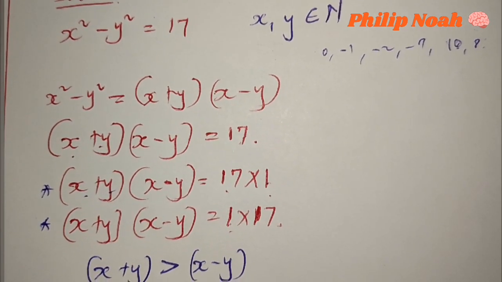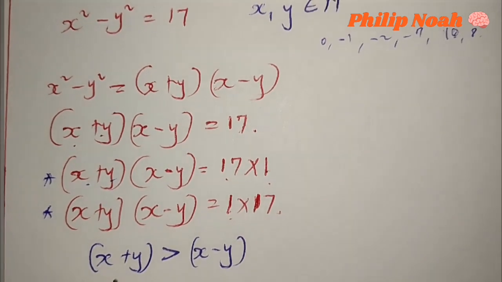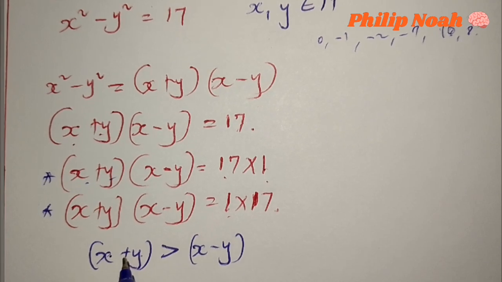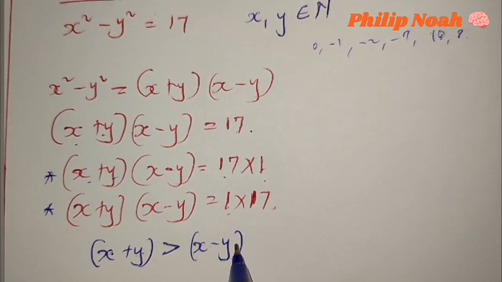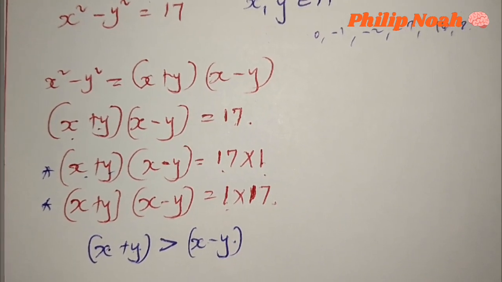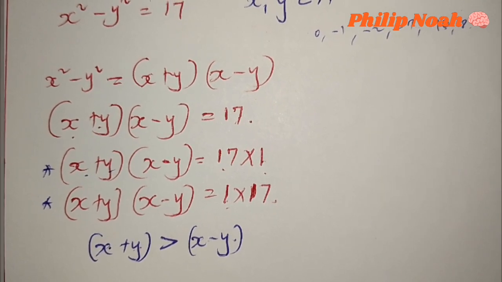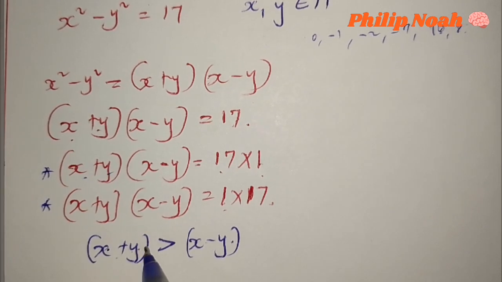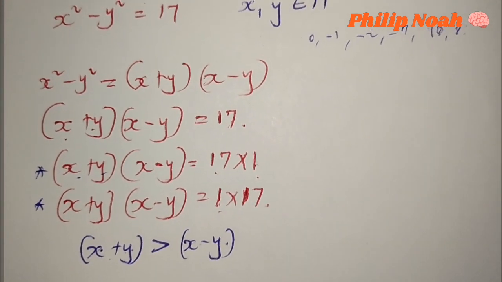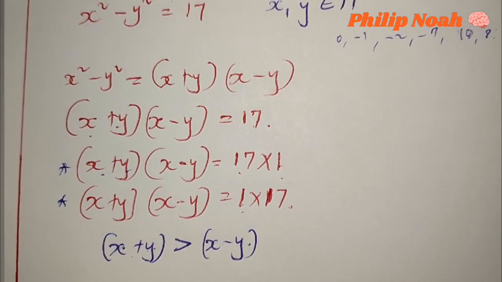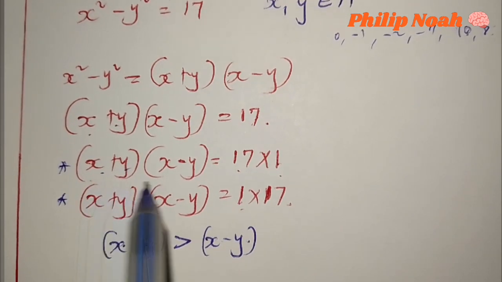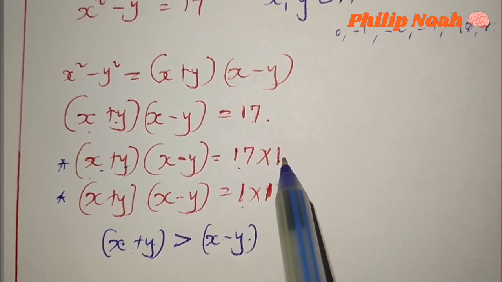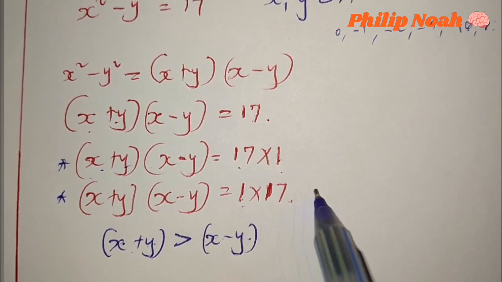If they are positive, for example, let's say x is 2 and y is 3, x plus y will give us 5. x minus y will give us -1. So you can see that if x and y are positive, x plus y is greater than x minus y. Okay, so considering these two cases, (x plus y)(x minus y) is equal to 17 times 1, and (x plus y)(x minus y) is equal to 1 times 17.